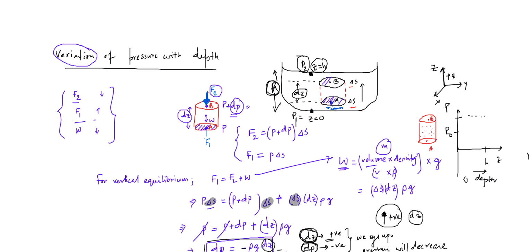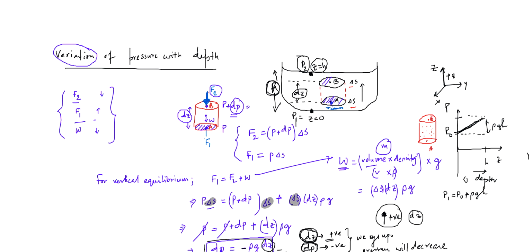Between P0 and P1, the pressure should increase linearly, and this increase in pressure should be rho g h. Or we can directly say from the formula y equals mx plus c that P1 can be written as P0 plus rho g h.